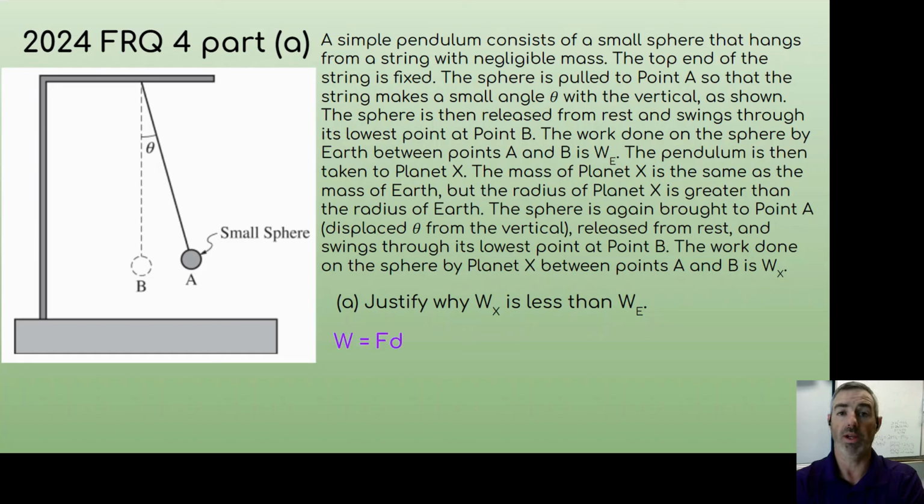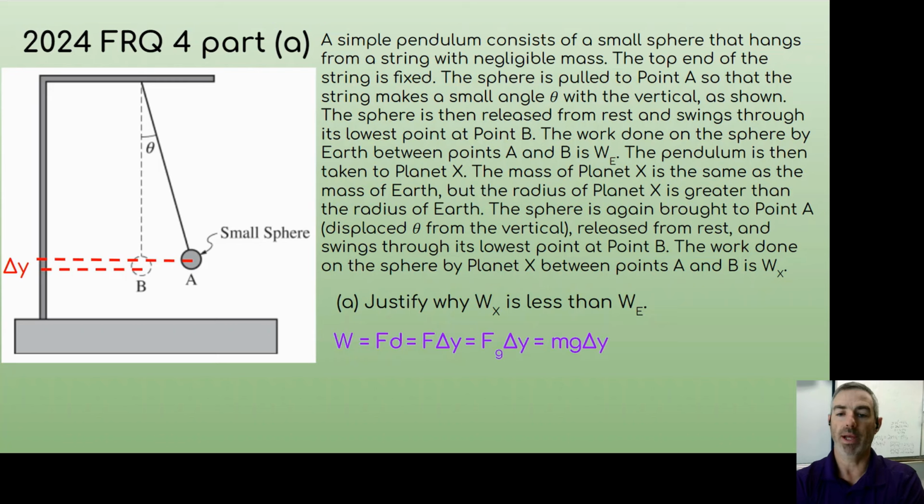Let's start with the work equation. Work is equal to force times distance. The distance over which work is done on each planet is just this distance delta y, so work equals F times delta y. The force causing it is the force of gravity, m times g, so the work is going to be mg delta y.